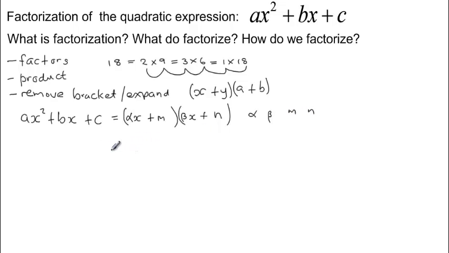Now, having these two factors, actually obtaining them is the task we are faced with in factorization. First of all, we need to understand that to get to this form, we have to multiply.